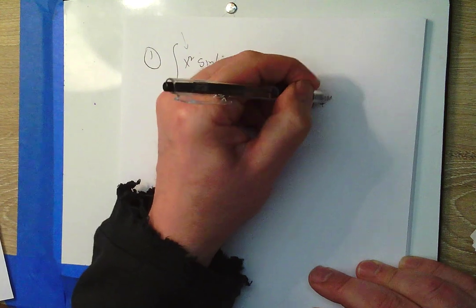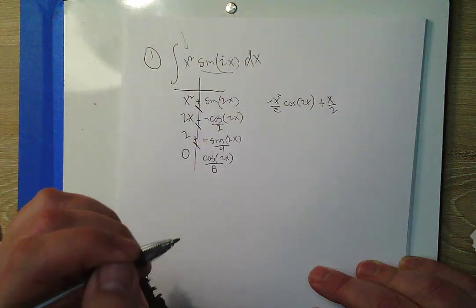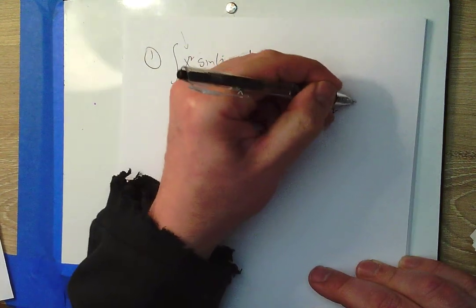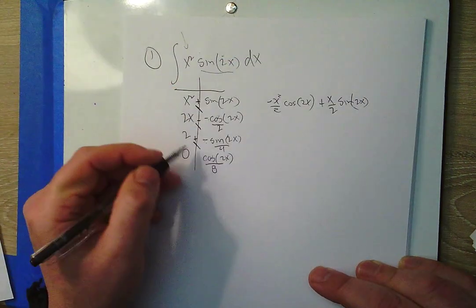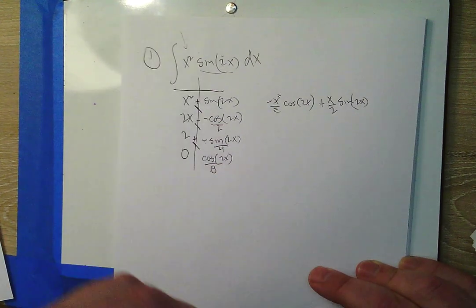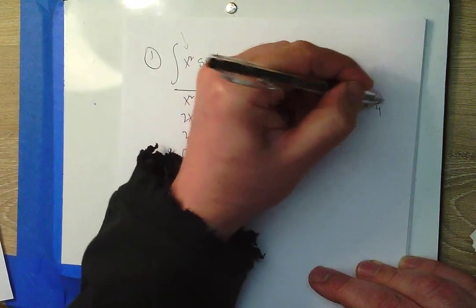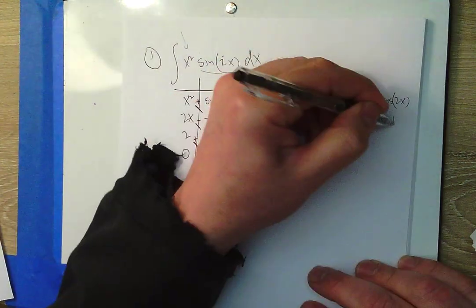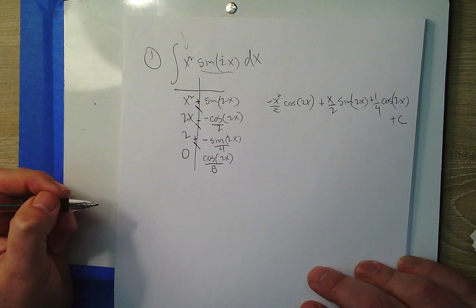So I get plus x over 2 sine 2x. And then here, positive times positive, 2 over 8 is 1/4 cosine 2x. Don't forget the plus c, says Grant.